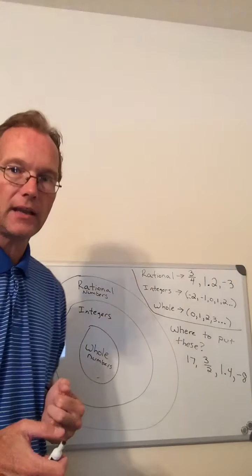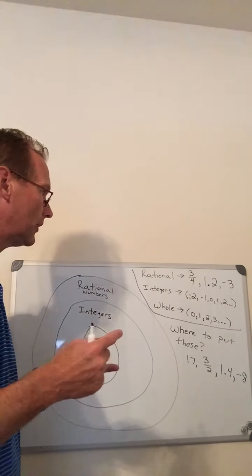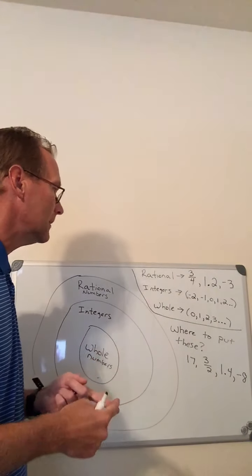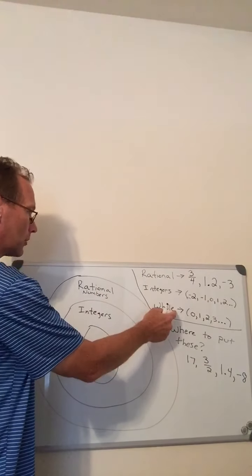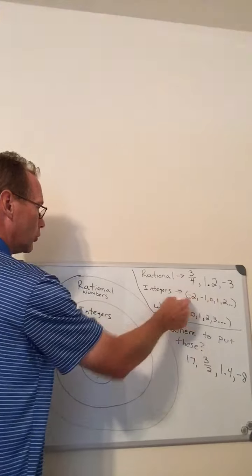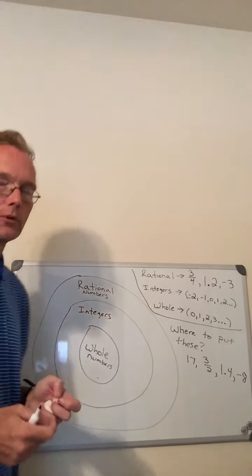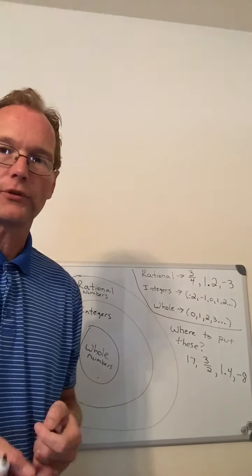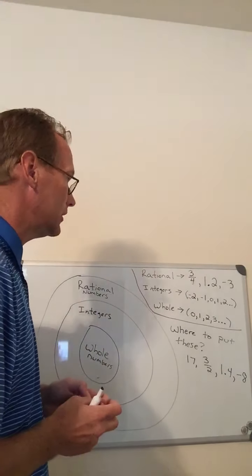Again, those negative numbers cannot be negative 2.1 or a negative fraction. It still has to be the whole numbers positive and then the whole numbers negative. Those are the integers.